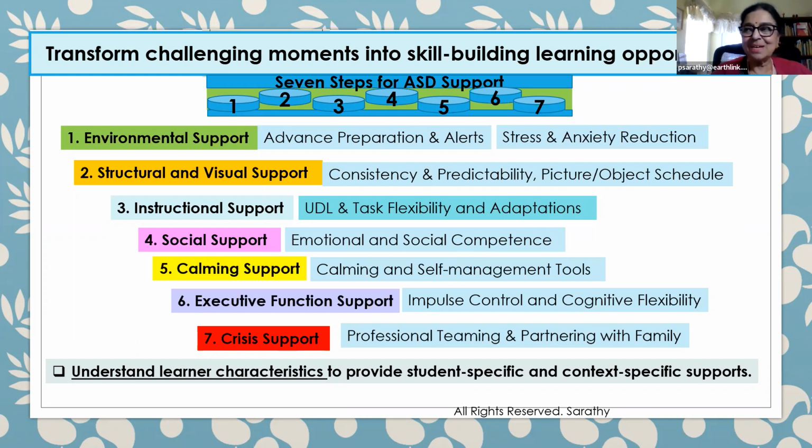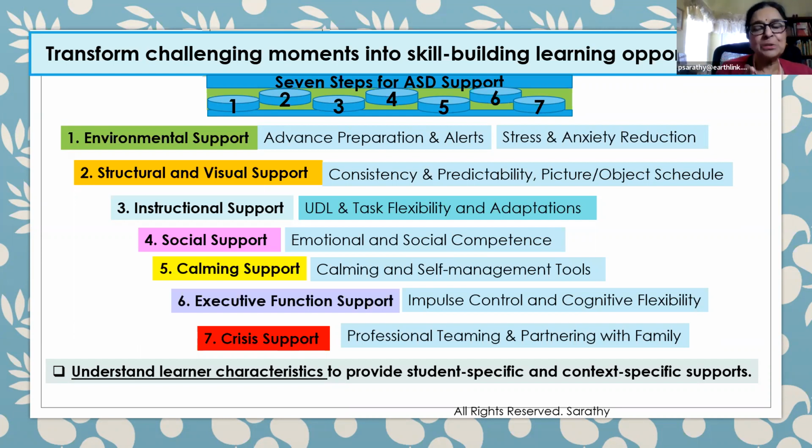And then the other thing is the structure, the consistency and the predictability of your routines, as well as the visual support that you use. Is it consistently being used in all settings? So that is the structural and visual support that you want to make sure you have available. And the third important one is the instructional support.